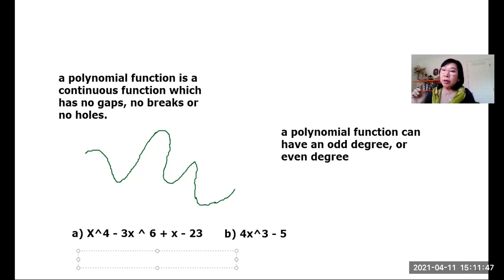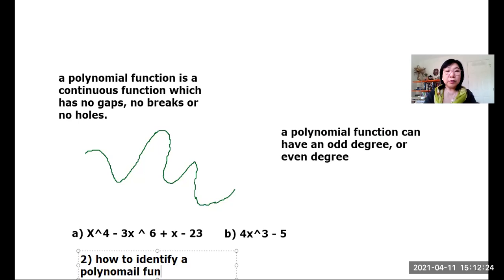Okay, so what is the next point I want to talk about? The polynomial function. So we talked about the odd degree and even degree. Now my second point is how to identify a polynomial function.